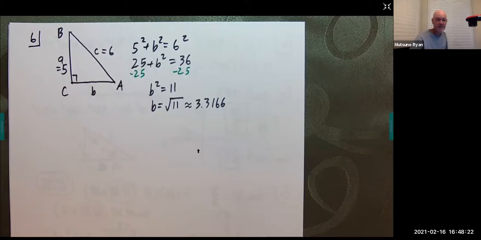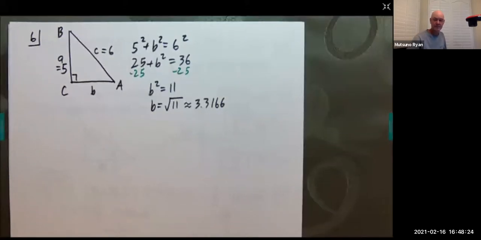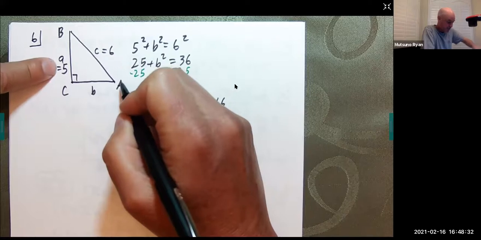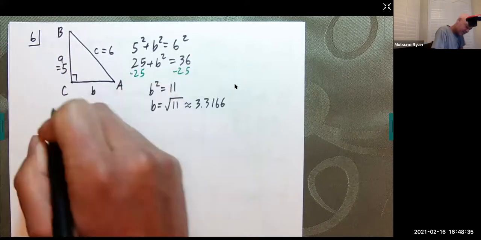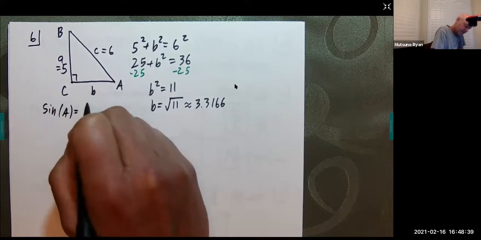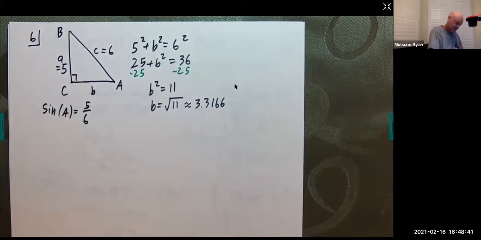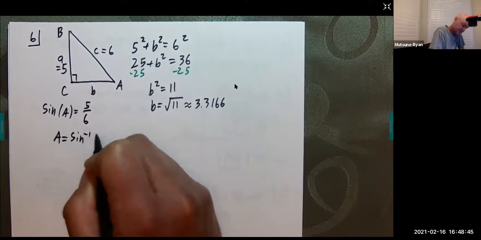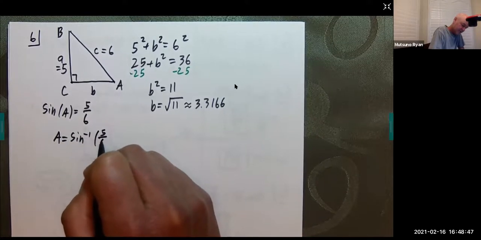Now to find angle A, I'm going to do this. Side A here is 5, and the hypotenuse is 6. So sine of angle A is 5 over 6, which means A is inverse sine of 5 over 6.